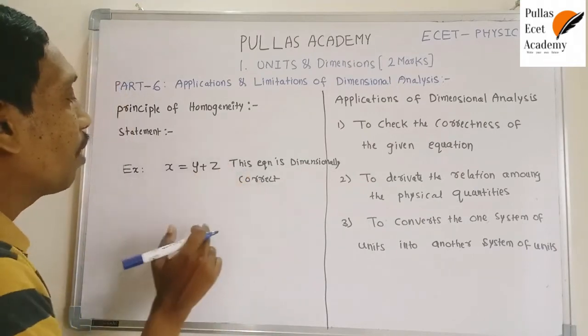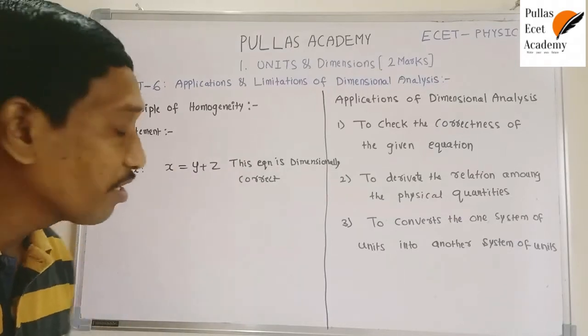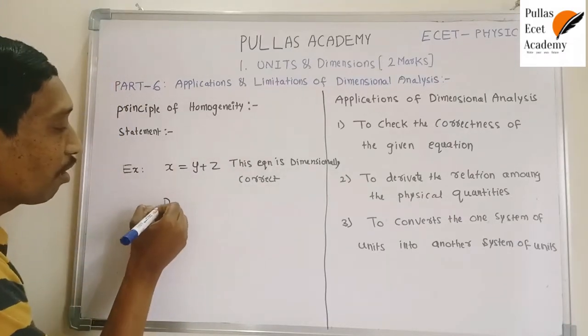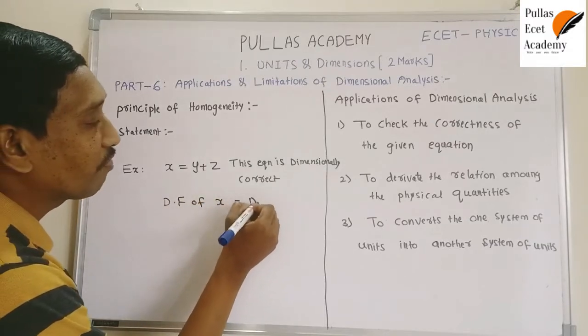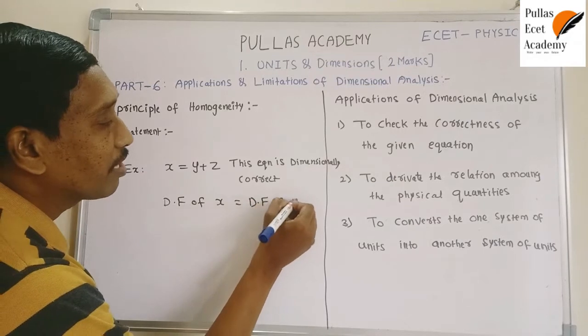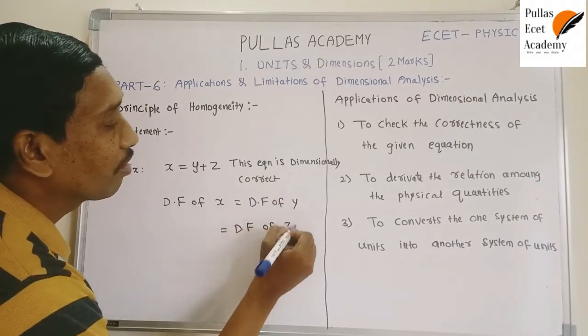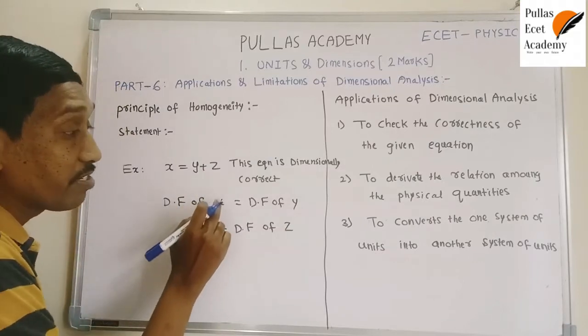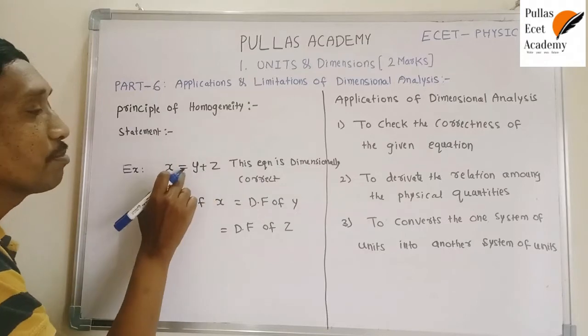If the given equation is dimensionally correct, what do you understand? The dimensional formula of x equals the dimensional formula of y equals the dimensional formula of z. The dimensions of x, y, z are similar. That's why it is possible to add and to equate.